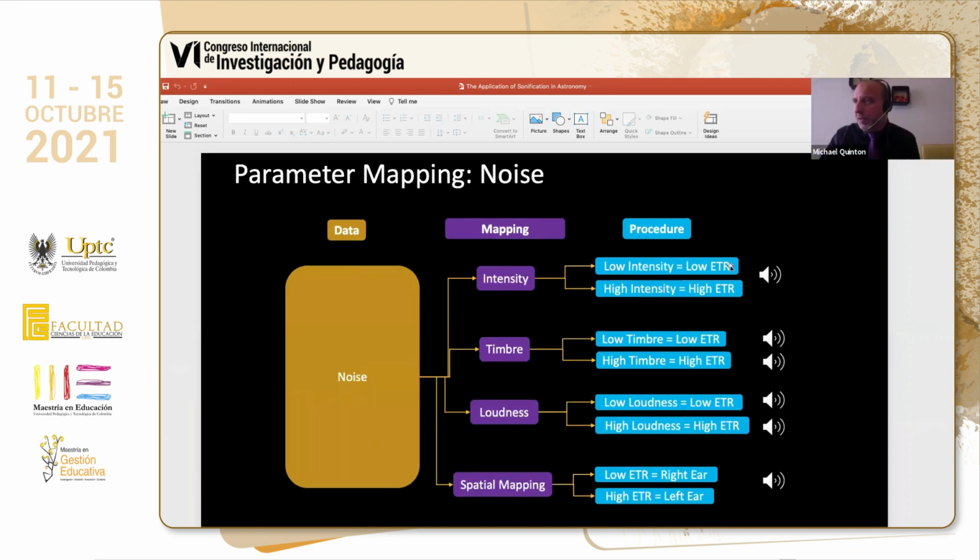The noise is different. Noise isn't going to work with pitch. It works with intensity. So the lower intensity in the noise, it was more to the right ear. It was lower in clarity and lower in loudness. So intensity in this case works totally in conjunction with the timbre and the loudness.